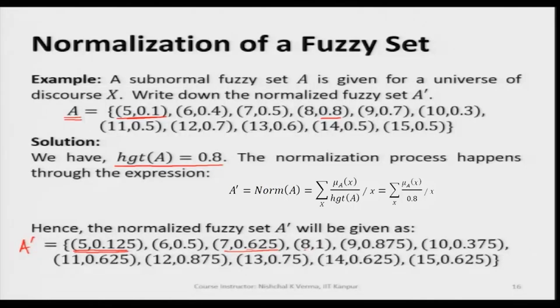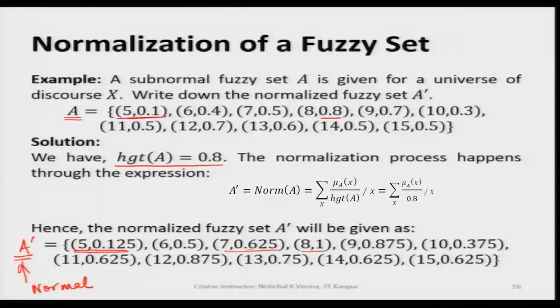Clearly, 8 will have in A dash its membership value 1, which earlier was 0.8 in the subnormal fuzzy set A. So, now we see that A dash is the normal fuzzy set, and we understood the normalization process very clearly.